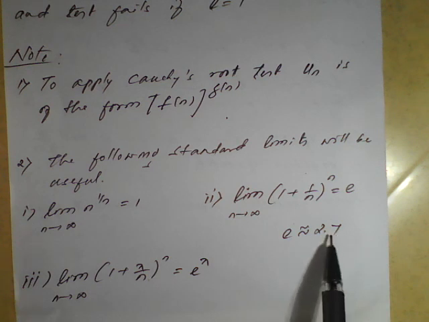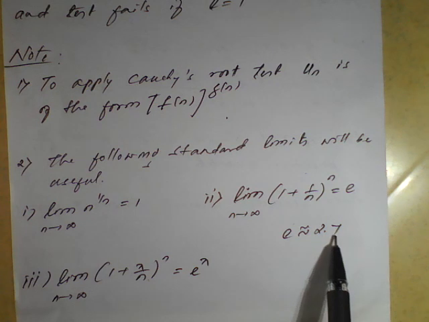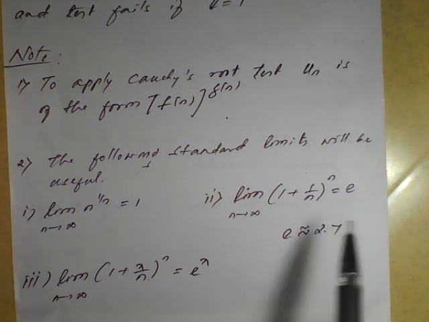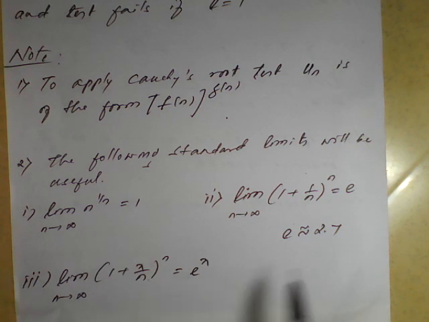So if e comes, we can say it is divergent, because 2.7 is greater than 1. If it is greater than 1, divergent. If it is less than 1, convergent. If equal to 1, the test fails. Now the third result: limit of (1 plus x upon n) raised to n as n tends to infinity is equal to e raised to x. So we should remember all these three results while solving the problems.